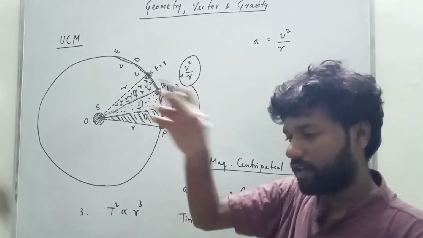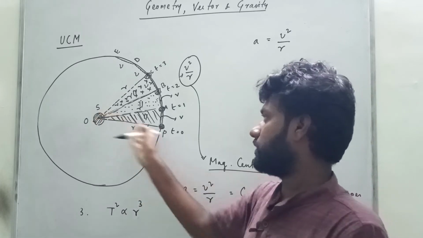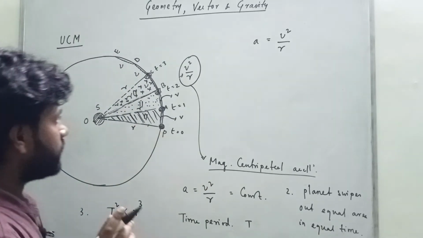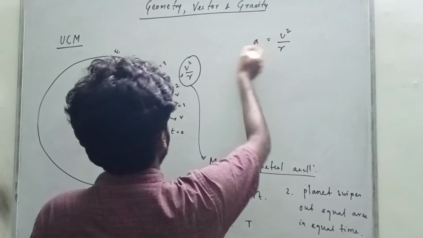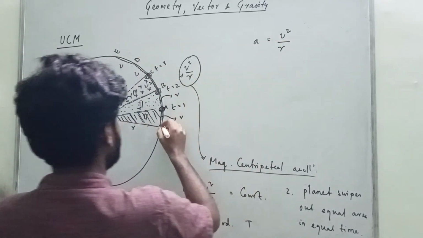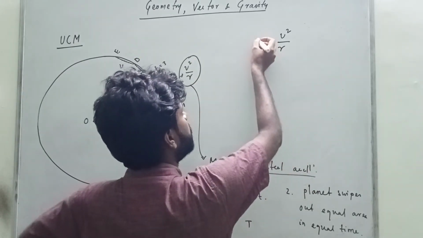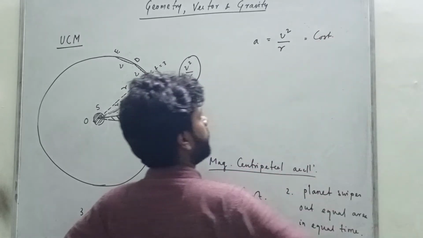T means the time period of the planet, and r means the distance from the sun, right? And I show here this acceleration is constant, because v is constant throughout the path, and r is obviously constant. So it is a constant.